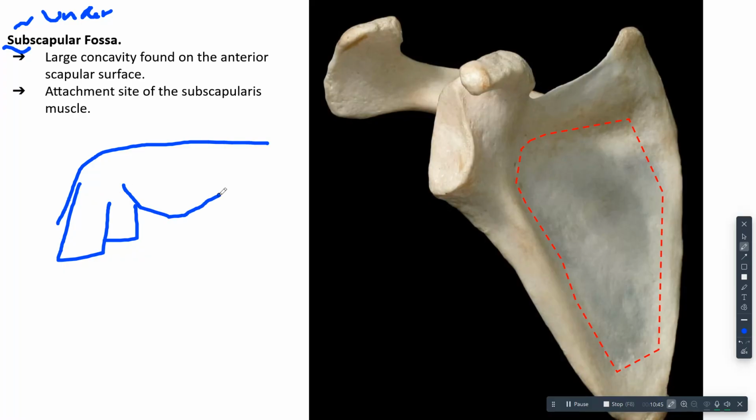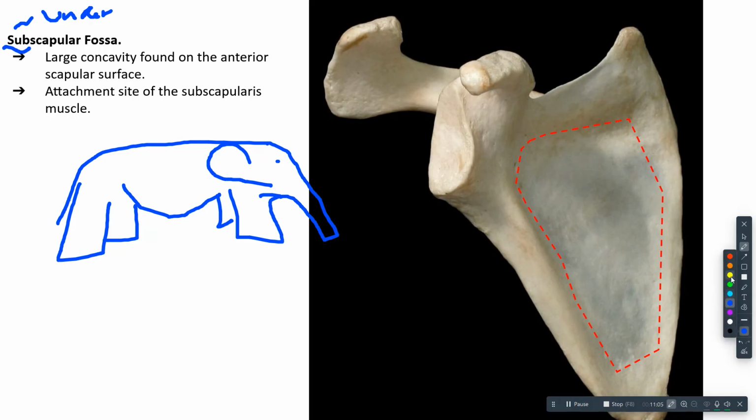We are bipeds. But there are a lot of animals out there that are not bipeds. There are quadrupeds, right? And in a quadruped, like my elephant right here, its scapula is sitting right here, and this fossa is under that scapula.